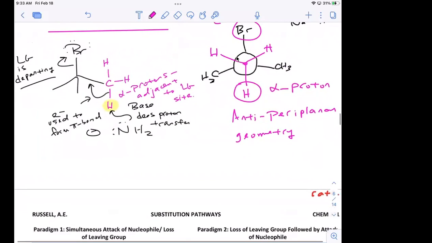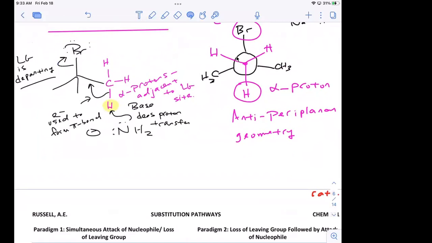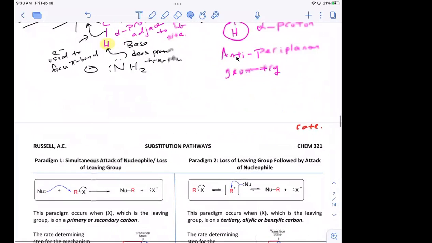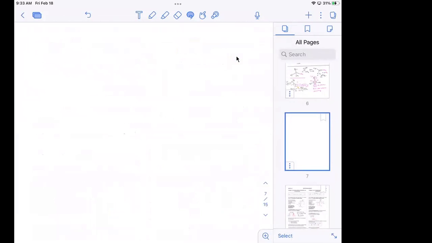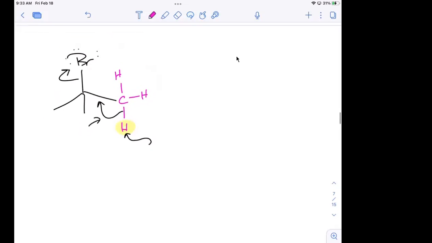I'm just going to copy this because the transition state is just theoretical. Let me add another page.